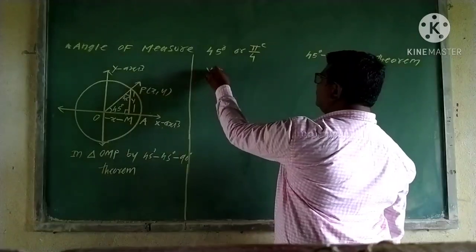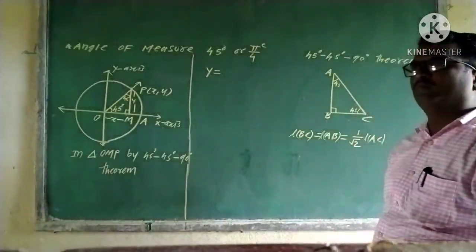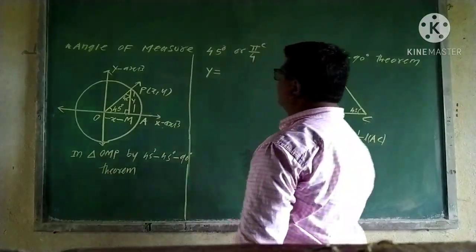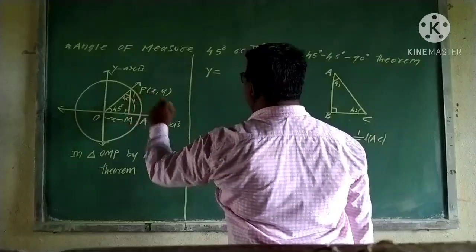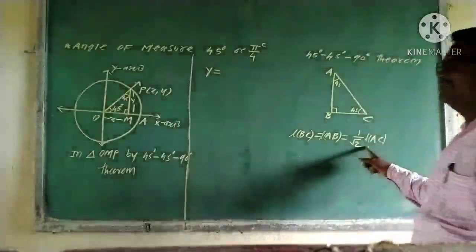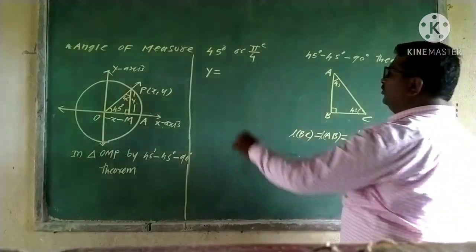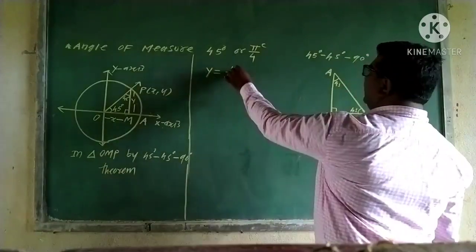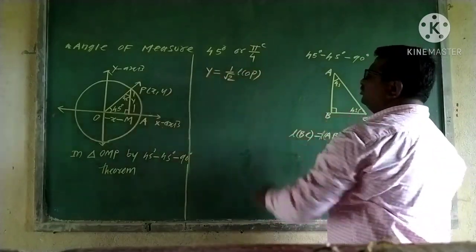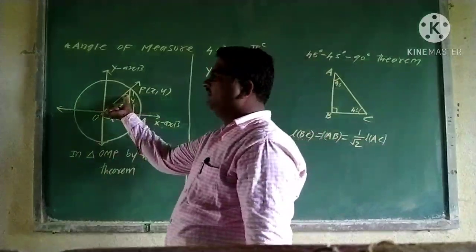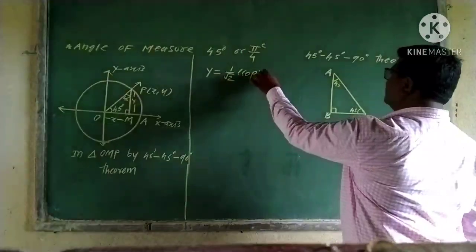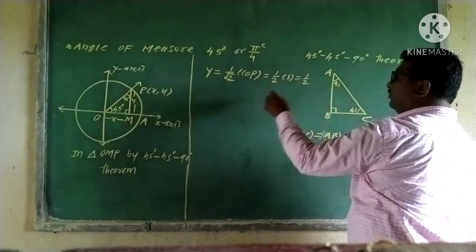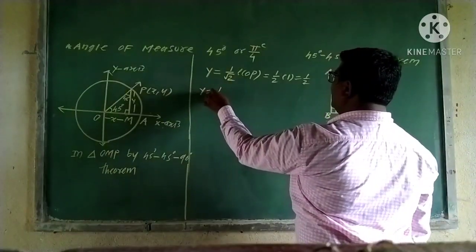So y equals 1 upon square root 2 times the hypotenuse, that is length OP. But length OP is the radius of the unit circle, which is 1. So y equals 1 upon square root 2 multiplied with 1, so y equals 1 upon square root 2.